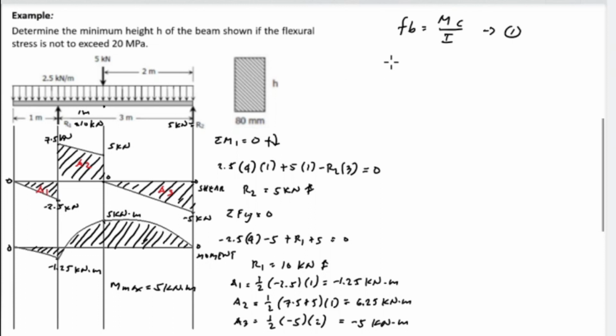So we have the value for FB, which is 20 megapascal, M, which is the maximum moment, or 5 kilonewton meter, and we convert that to Newton millimeter by multiplying 1000 squared, or this will be 5 times 10 to the power 6 Newton millimeter.